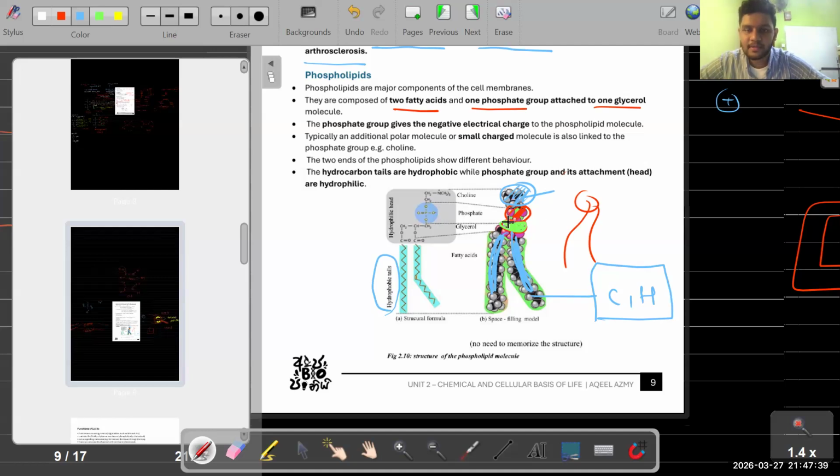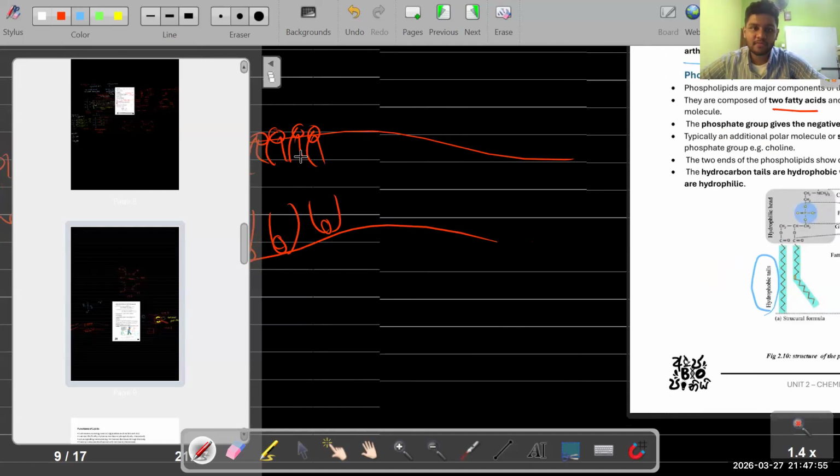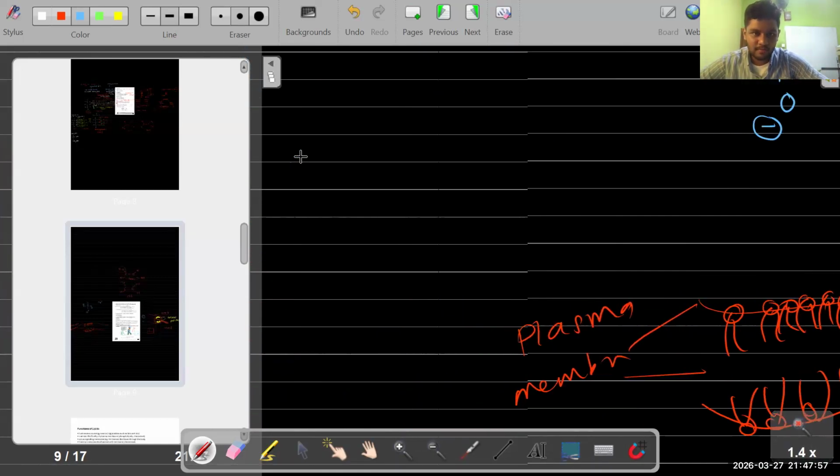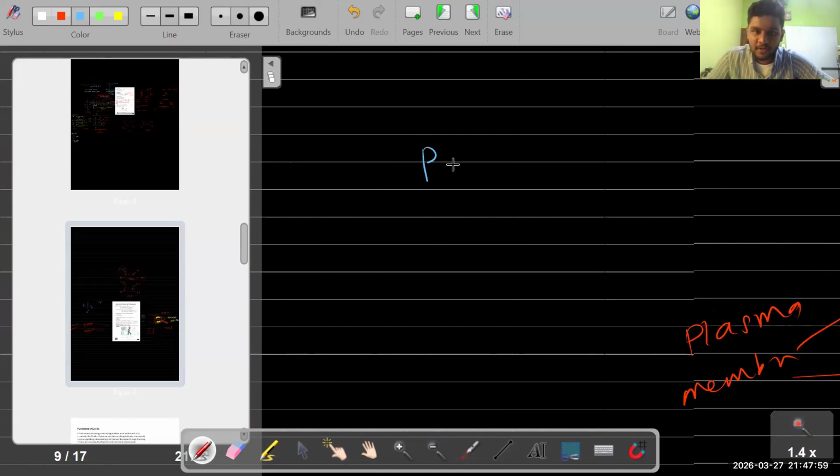Phosphate molecule is hydrophilic because they have a charge. They can react with water. Will you agree with that? If you want, I can explain it also, with the knowledge you have learned about water. Now, if this is phosphate, water is looking like this.